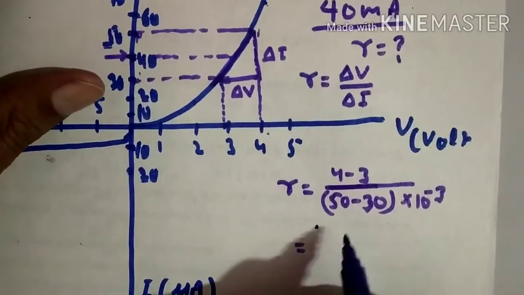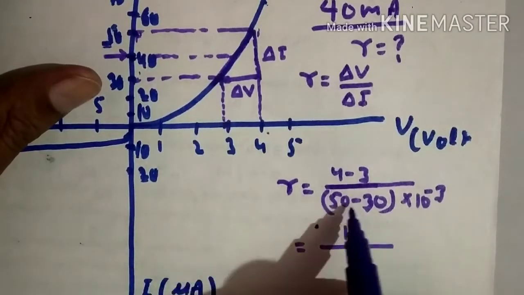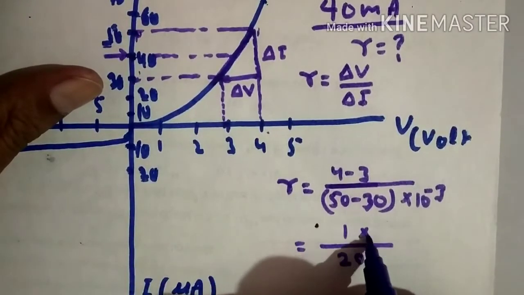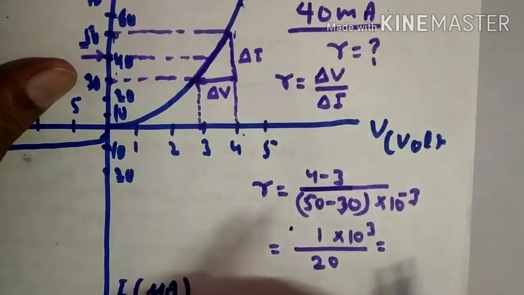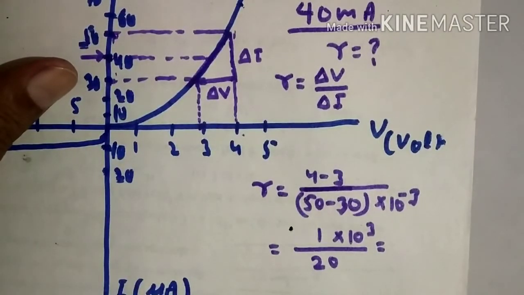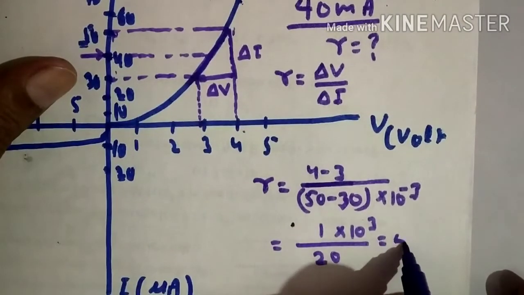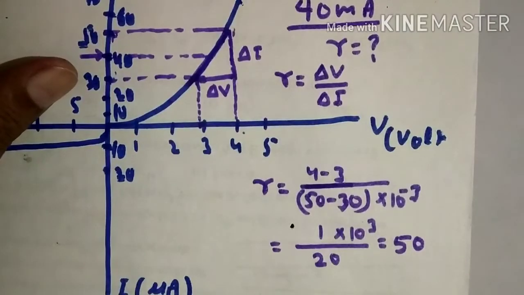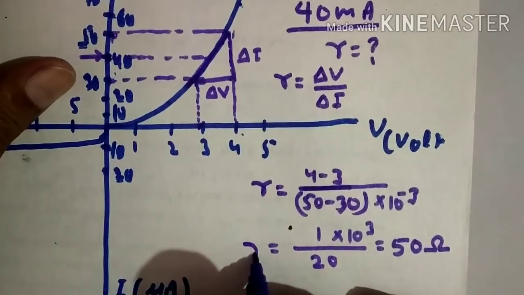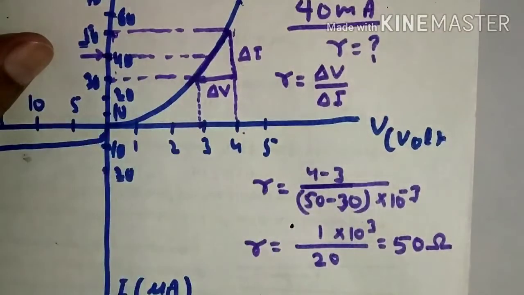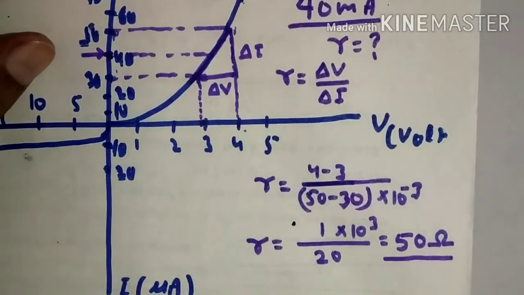Now when calculating we get 1 upon 20 times 10 to the power minus 3, that is 1000 divided by 20. On solving this we will get 50 ohm. That is, the dynamic resistance when the current is 40 milliampere is on average 50 ohm.